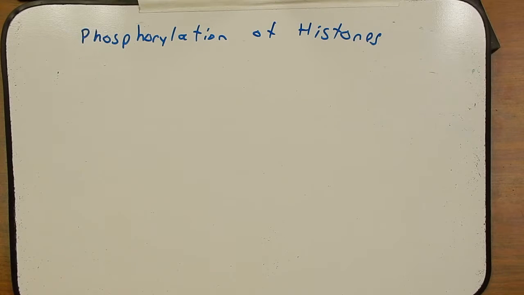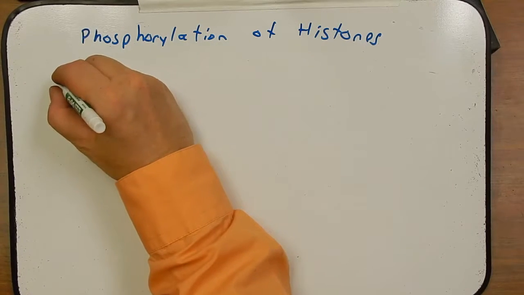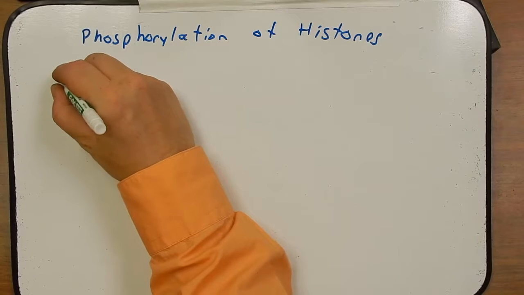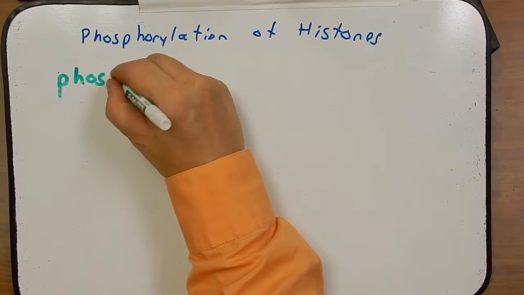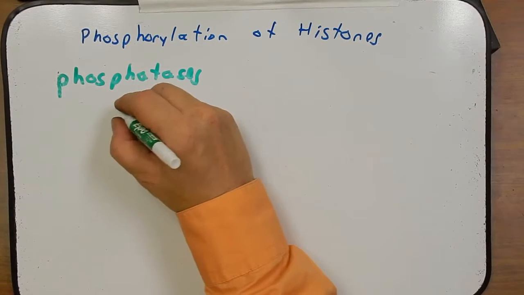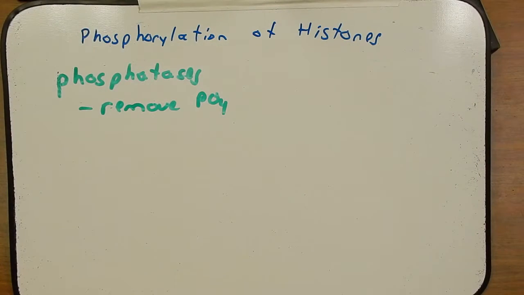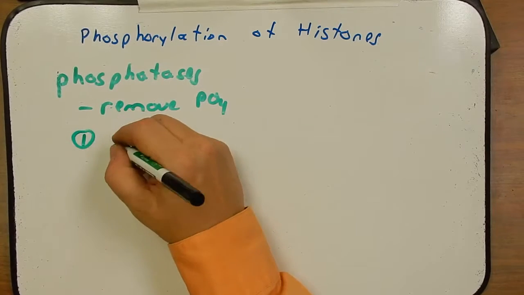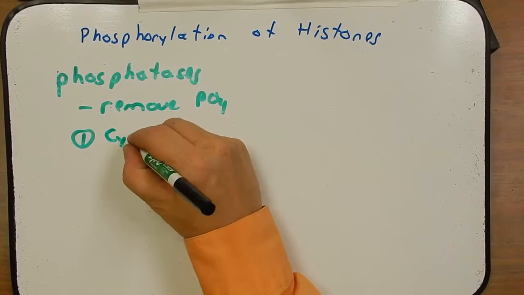Alright, we're almost done. There's just two more enzymes I want to mention, and I'm not going to say a whole lot about them. The first is the opposite of phosphorylation. It's the removal of the phosphate groups. And that's going to be the role, as I mentioned before, of the phosphatases. So these will remove phosphate groups. And there are two that we could talk about, and we may come back to later, but for right now I just want you to know these two classes.